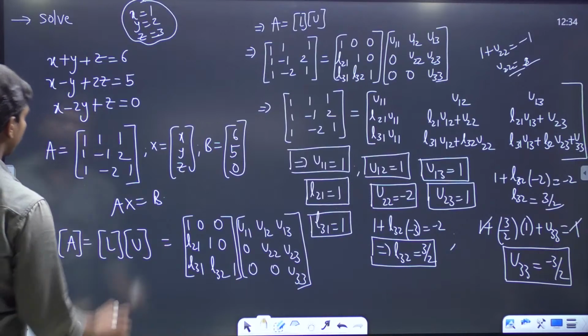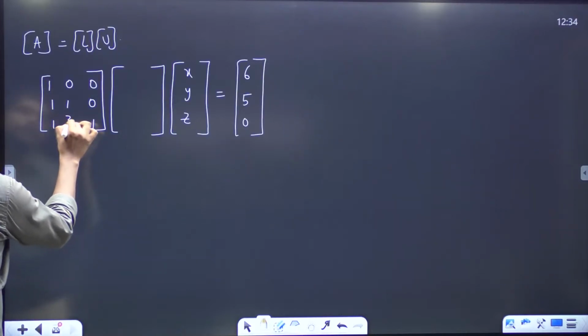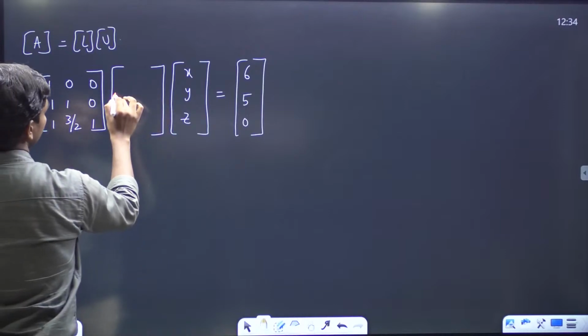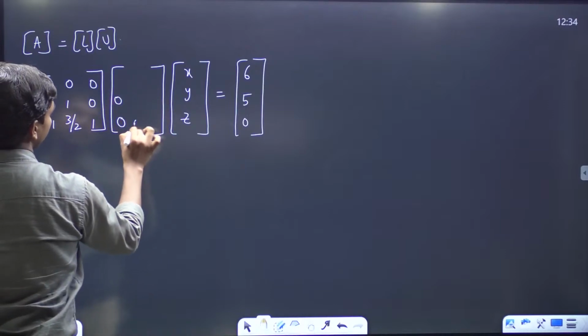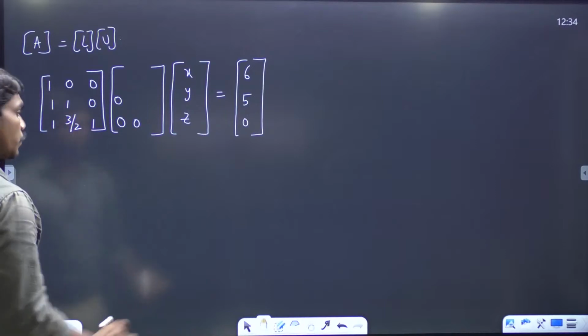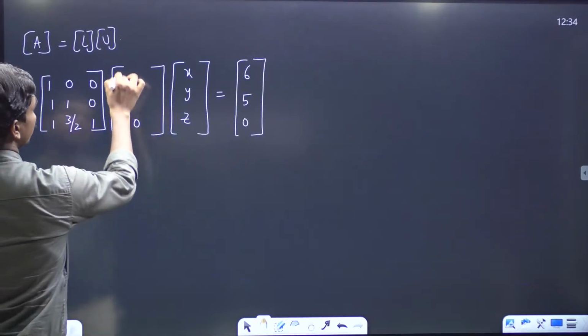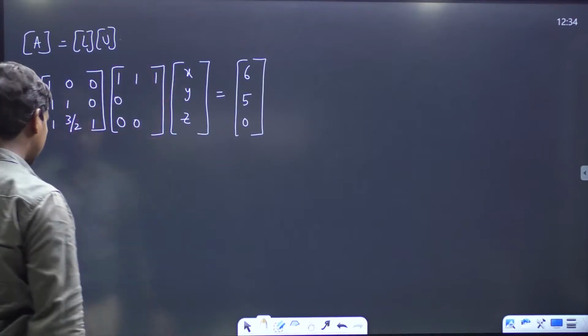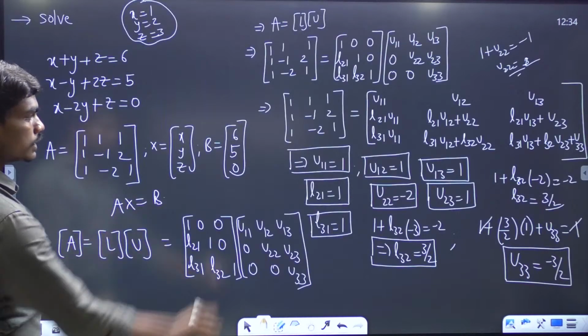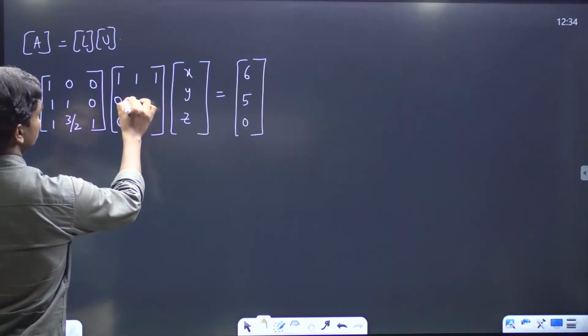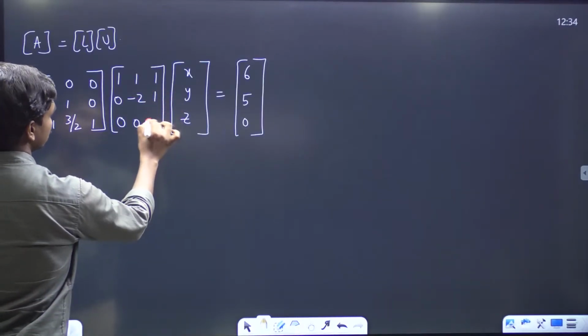Next, the U matrix: U11, U12, U13 are all ones, so 1 1 1. Next, U22 and U23. U22 is minus 2 and U23 is 1. So minus 2 comma 1 and this is minus 3 by 2.